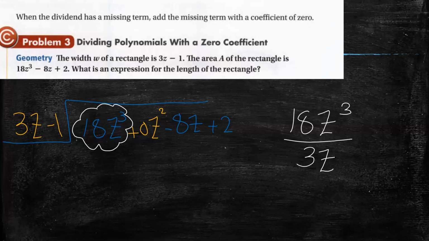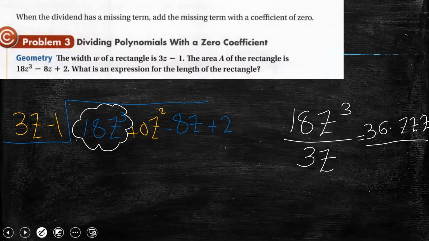Here we have 18, which is 3 times 6 times z times z times z. Since we have 3z over 3z, it's cancelled now. So what do we have now? 6z squared. So let's write it here as 6z squared.